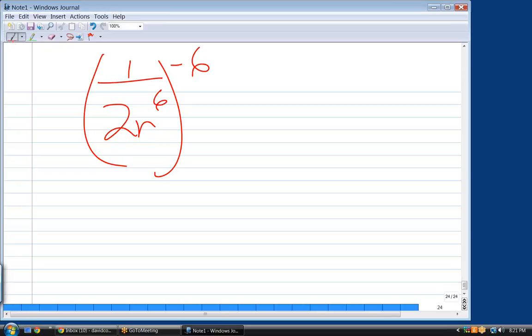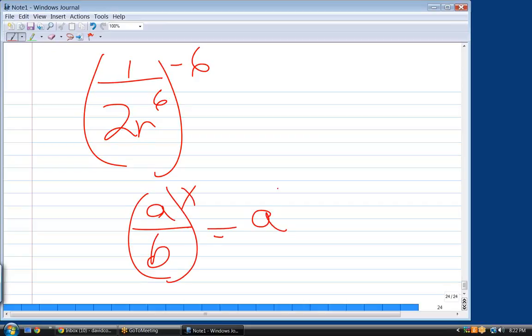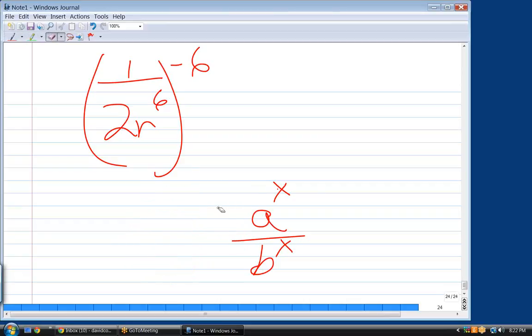Well, first of all, the biggest rule we need to remember is that A over B to the x is equal to A to the x over B to the x. So I can start off by applying this negative 6 to the numerator and the denominator separately, just like I have down here. So when we apply it to the 1, what is 1 to the negative 6th power?